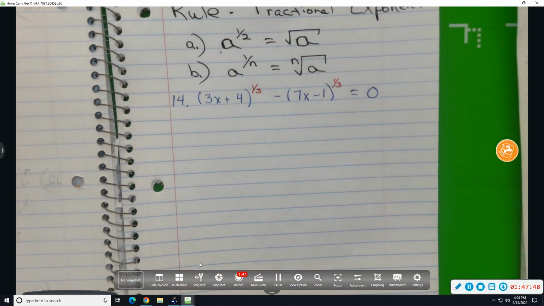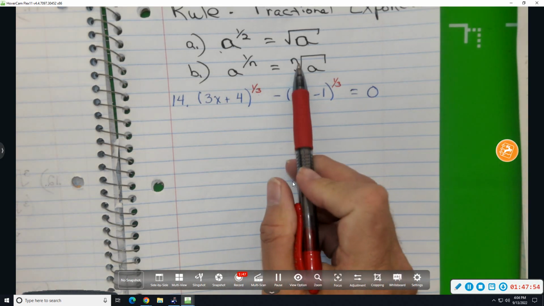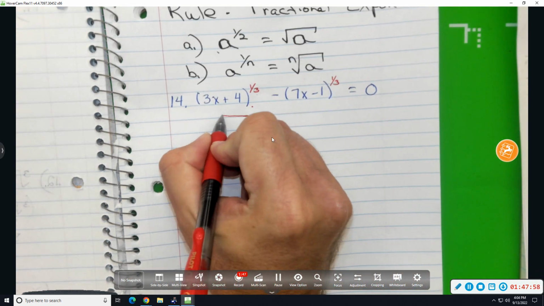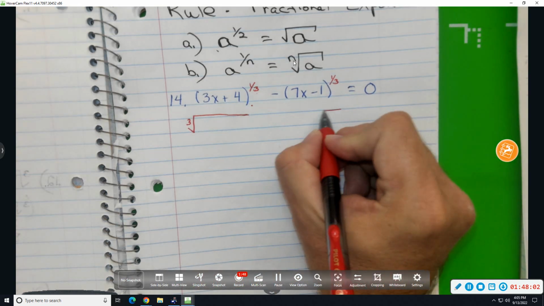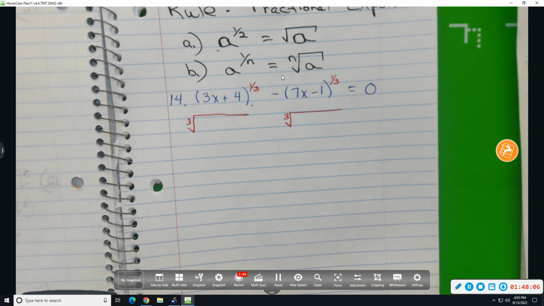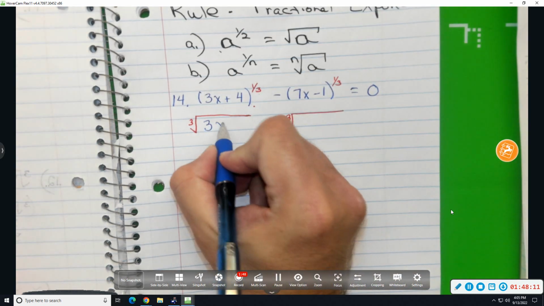My advice to you is to rewrite it so that it looks more familiar. Those exponents of 1/3 are the same as what sort of a radical? That number there is a 3. What sort of a radical will we have? A cube root. An exponent of 1/3 is the same thing as a cube root.